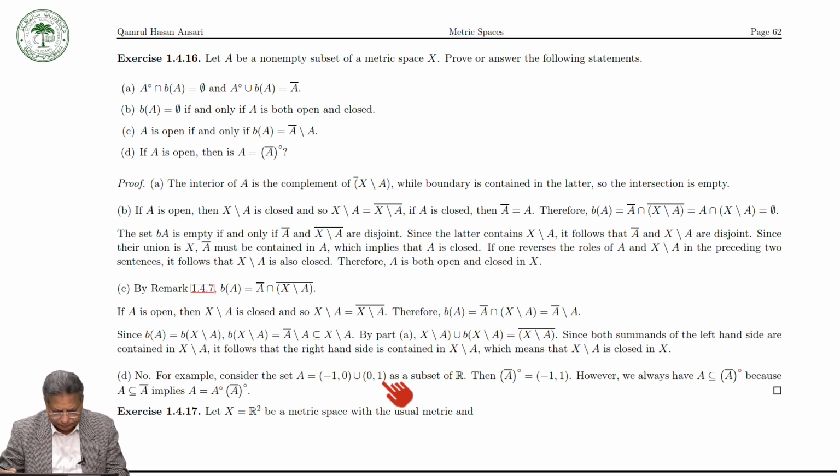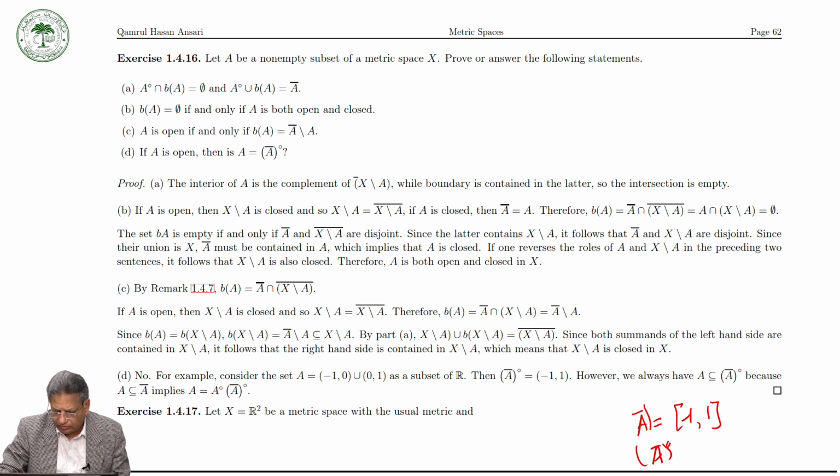So the closure of A would be equal to [-1, 1]. Now what is the interior of this? The interior of the closure of A is equal to (-1, 1).